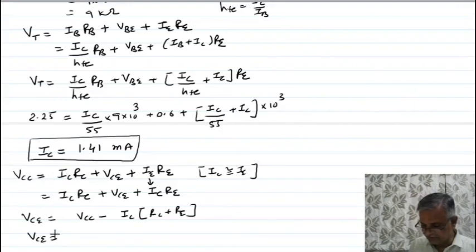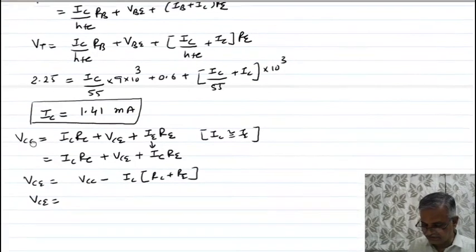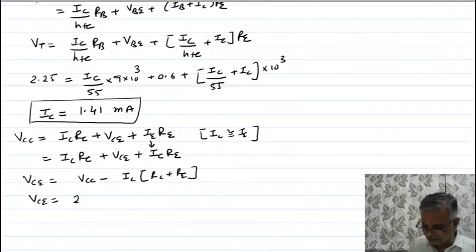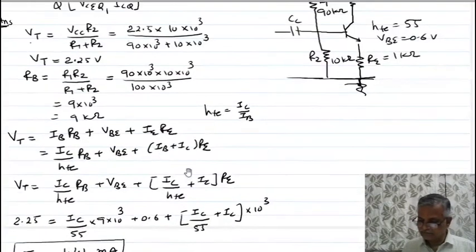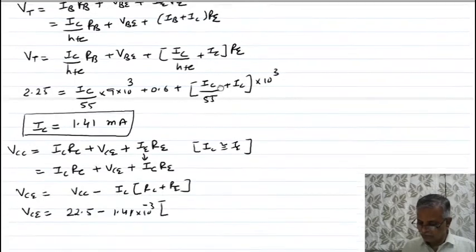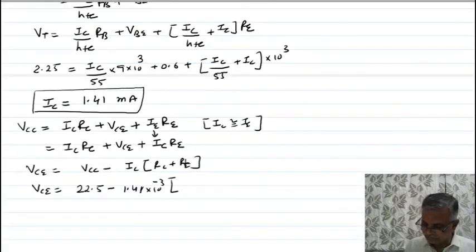So VCE is nothing but VCC. VCC they have given 22.5. IC we have calculated 1.41 into 10 raised to minus 3. Collector resistor they have given 5.6 kilo ohm, and RE they have given 1 kilo ohm.